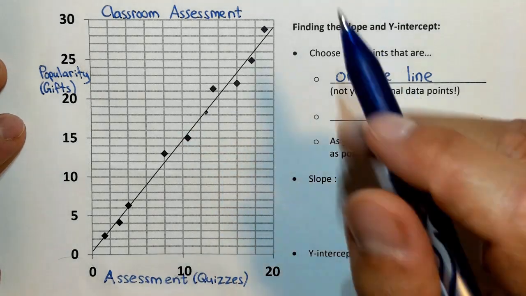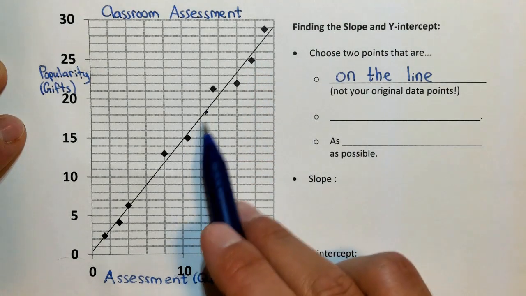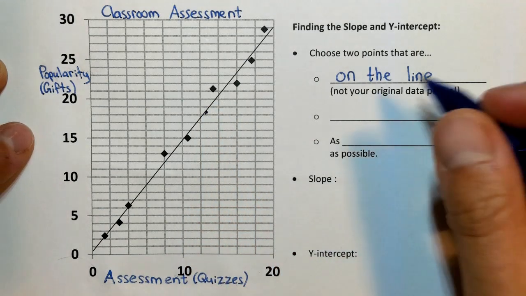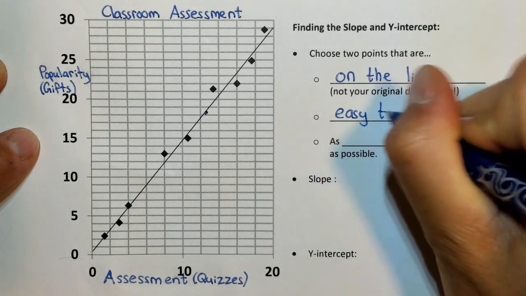Hard to figure out exactly what that point is. So we should try and pick points that are on the line but that are easy to measure or easy to read.